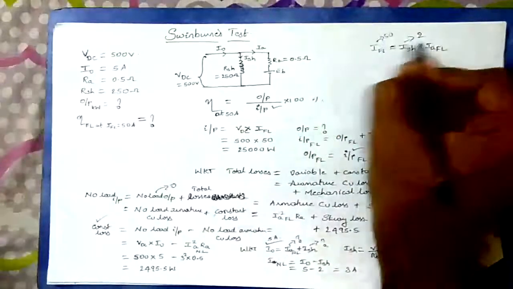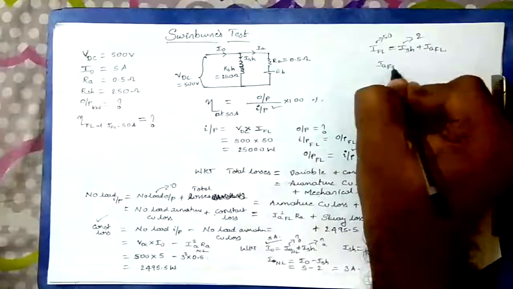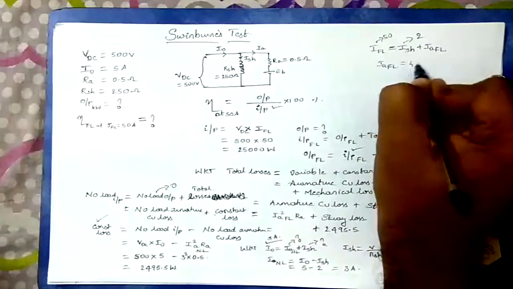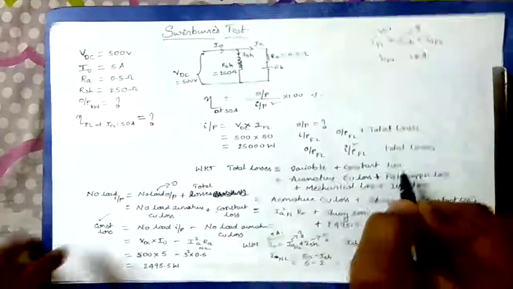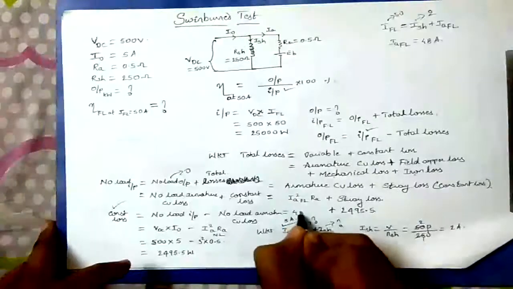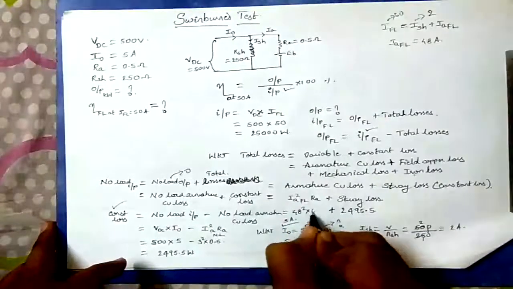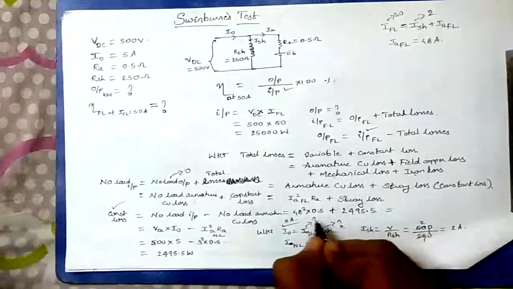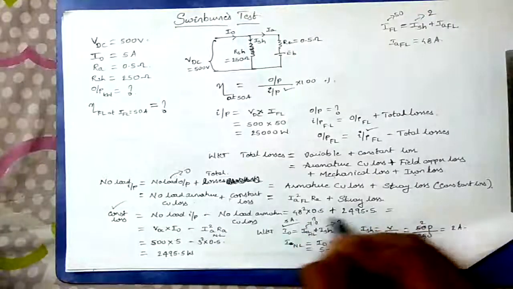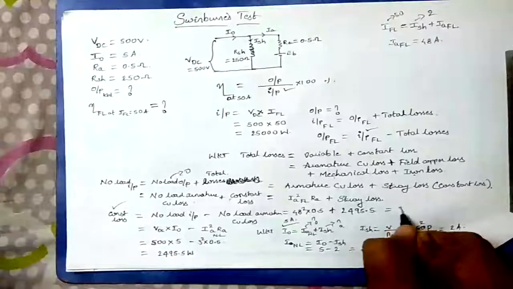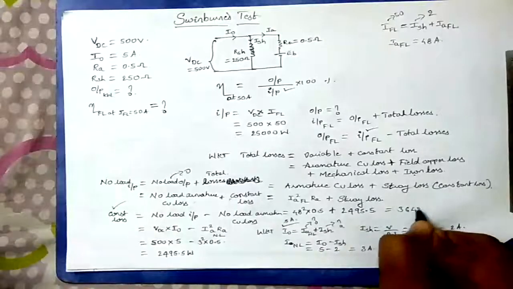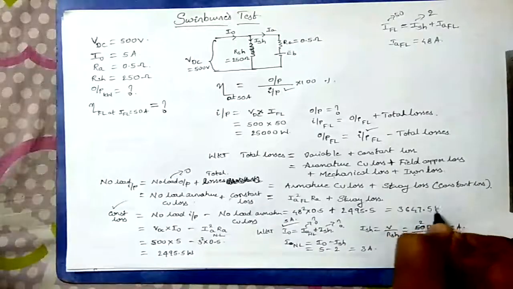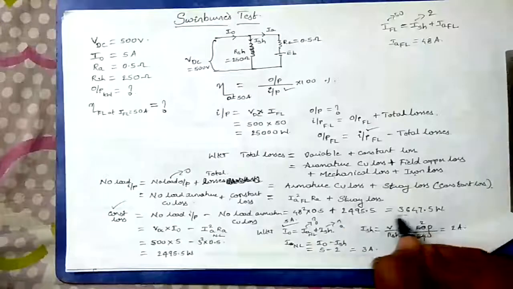So IAFL will be 50 minus 2, which is 48 ampere. So I substitute here 48 square, RA is 0.5. If I do this calculation in the calculator, total losses are 3647.5 watts.